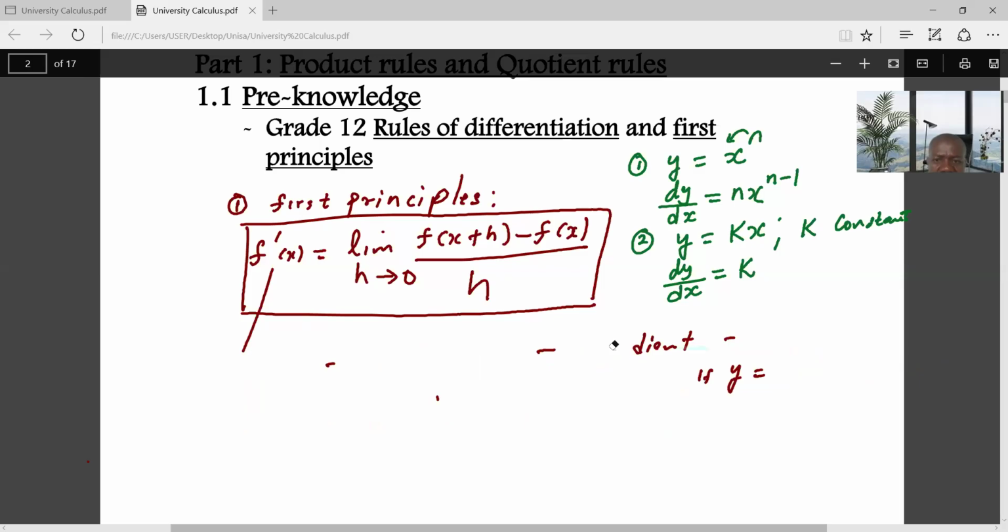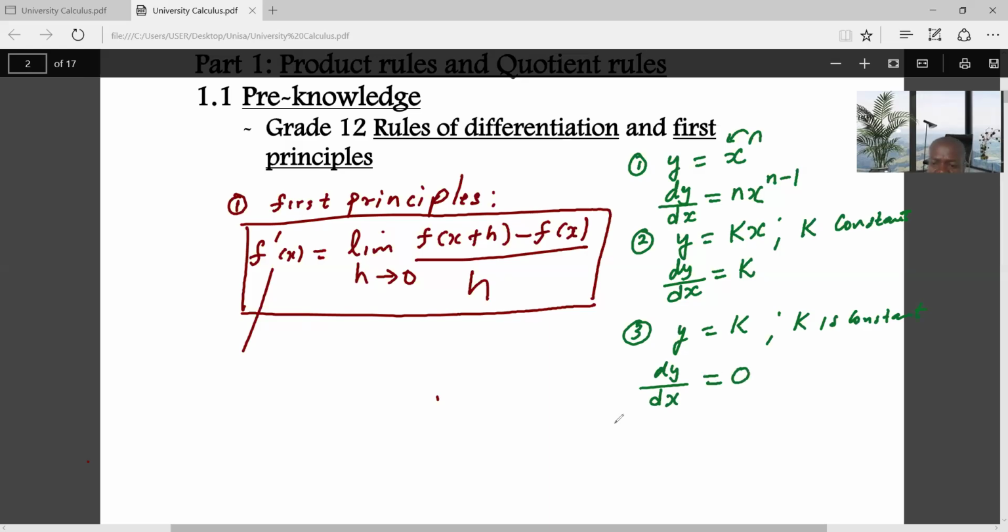Then the last one says if y equals k, where k is a constant, then the derivative of y with respect to x is 0.